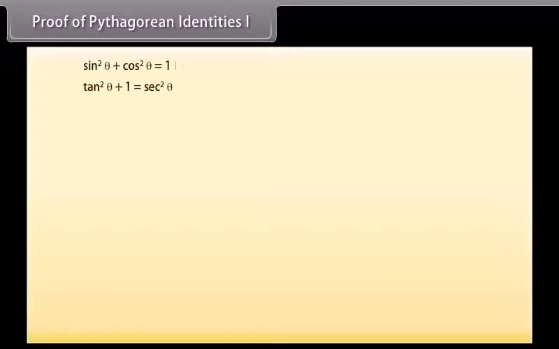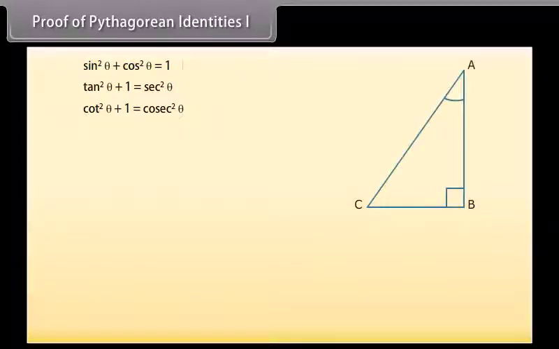Proof of Pythagorean identities 1. Now we will prove one Pythagorean identity and use it to prove other identities. For that we take a right-angled triangle ABC. By Pythagoras' theorem, AB square plus BC square is equal to AC square.